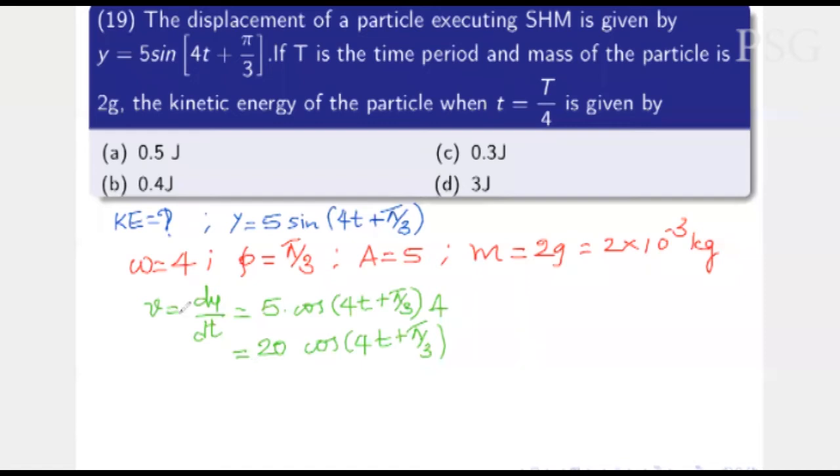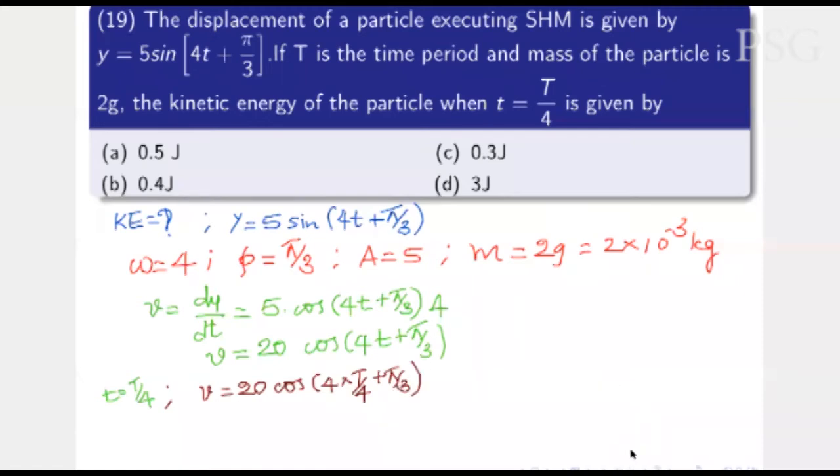But at what time do we have to calculate velocity? We need velocity at time t equals 1/4 of the time period. So let's substitute t by T by 4 in this equation to get velocity v equals 20 cos of 4 into T by 4 plus pi by 3.